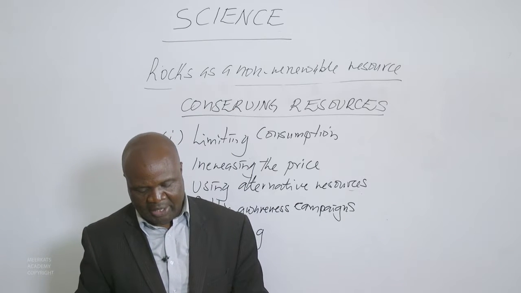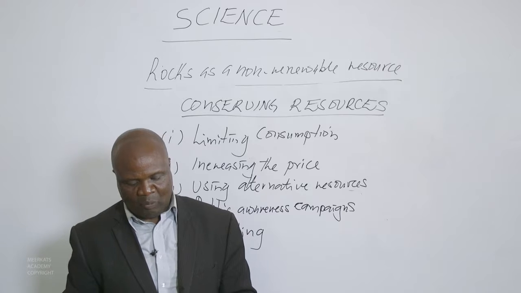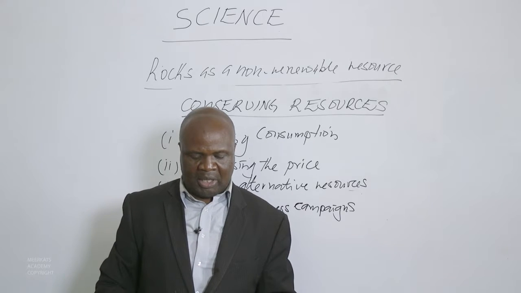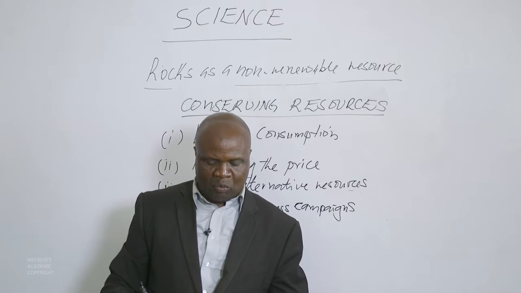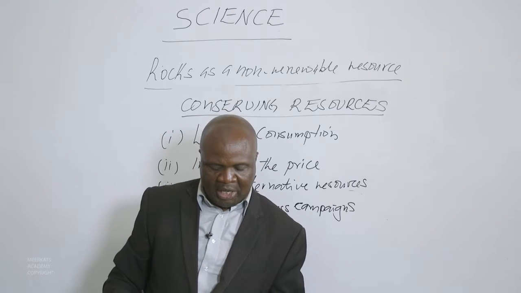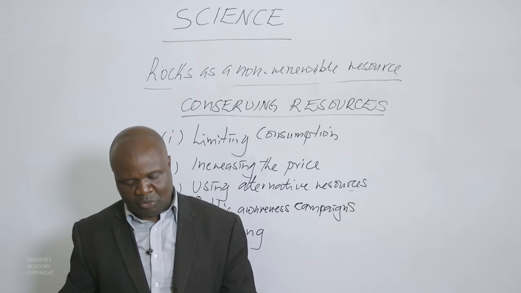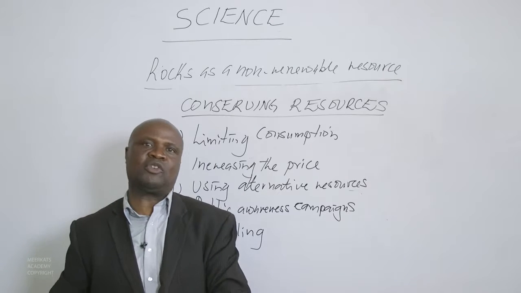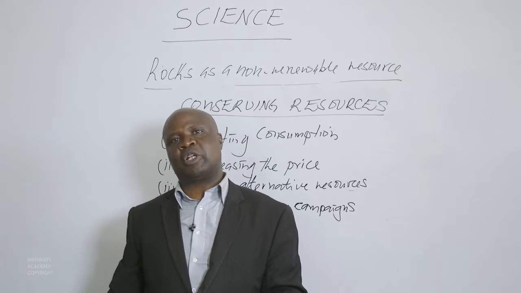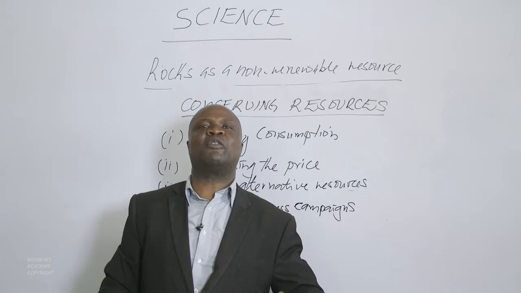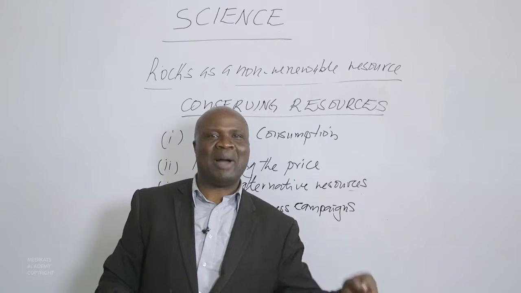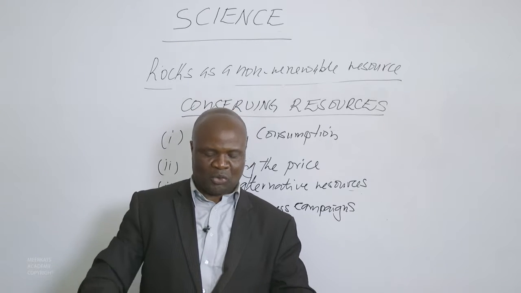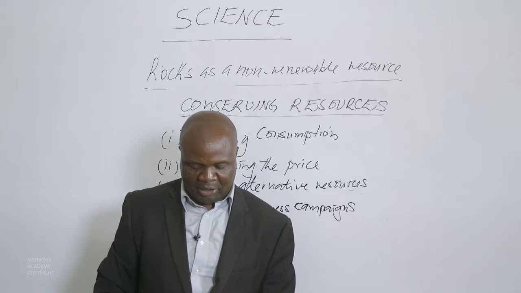For instance, when we give an example of aluminium, if you have extracted aluminium and you want more aluminium, instead of going back to mine the aluminium ore, you can recycle the same aluminium and you will have conserved the aluminium ore. Instead of going again to mine it, you can just recycle the aluminium that you have.